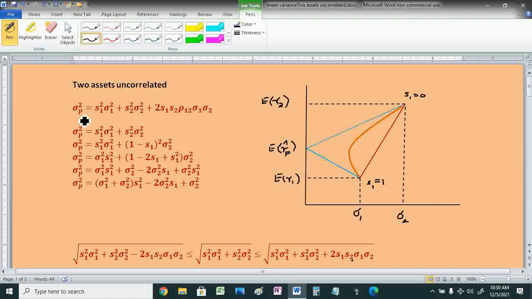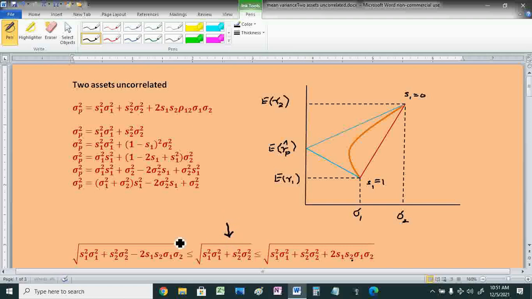See that I have rewritten here the general equation for the portfolio variance, and that in this formula, if I put rho 1 2 equal to 0, then the equation becomes sigma square p equal to S1 square sigma 1 square plus S2 square sigma 2 square, and if we take the square root on both sides, we will be getting the standard deviation of this portfolio, and this is the expression for that.